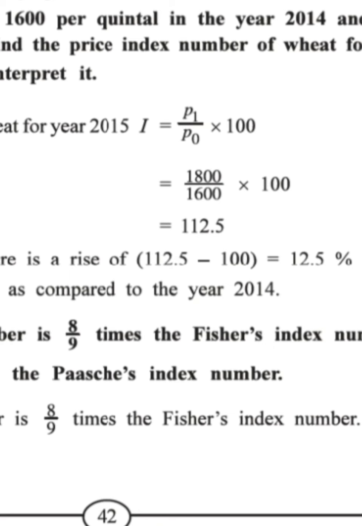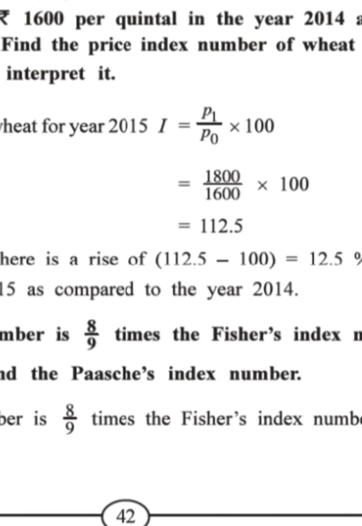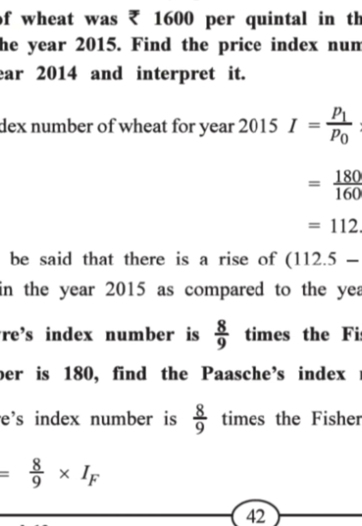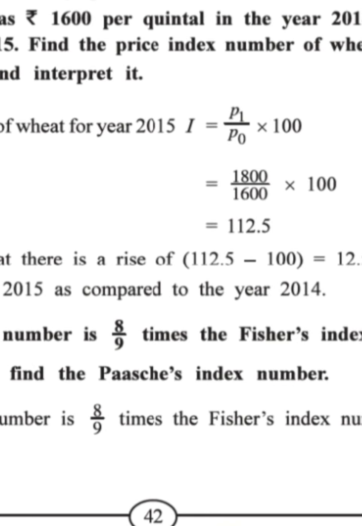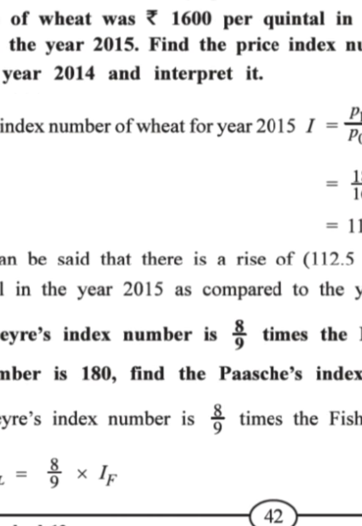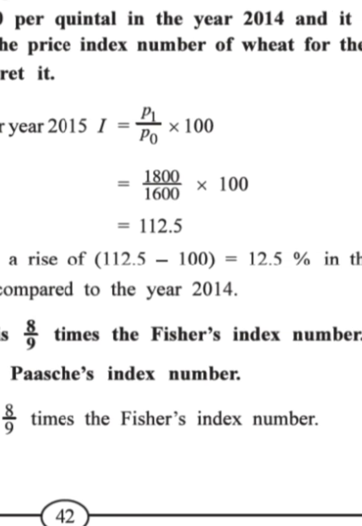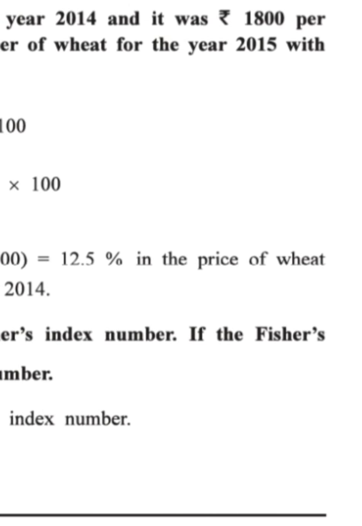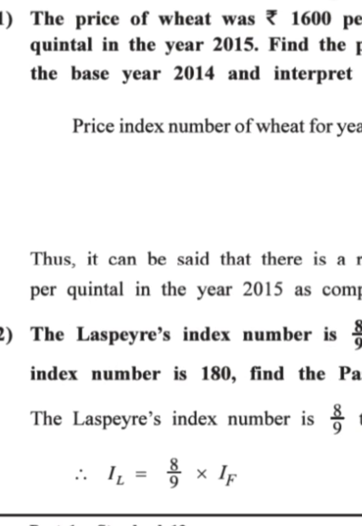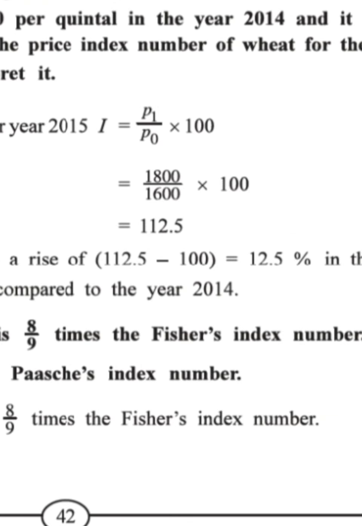We'll just multiply it by 100, we will get 112.5. So you would find our index number for the year 2015 is 112.5. Again, in the statement we are going to deduct 100, and we are going to get a 12.5% rise in the price of wheat per quintal in the year 2015 as compared to 2014.